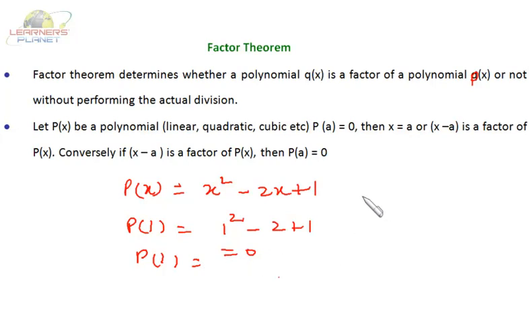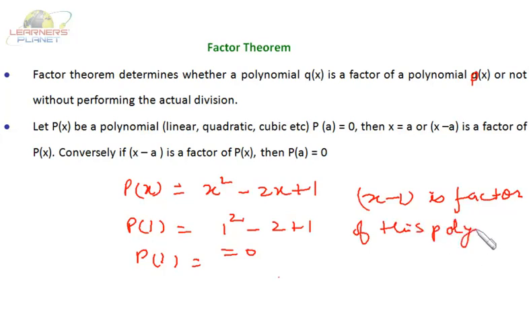That means x minus 1 is a factor of this polynomial. That means x minus 1 is a factor of x square minus 2x plus 1. We'll be doing more problems in the same session.